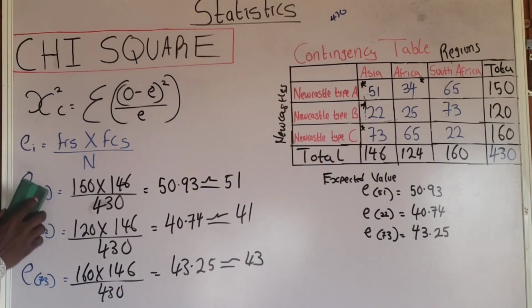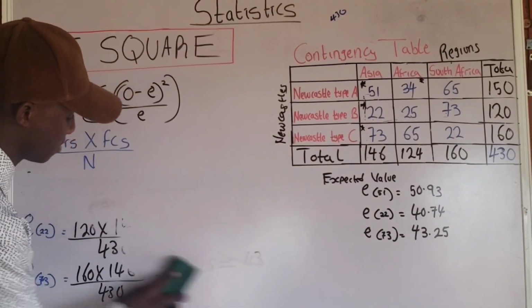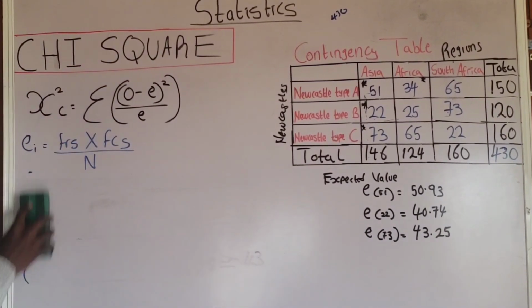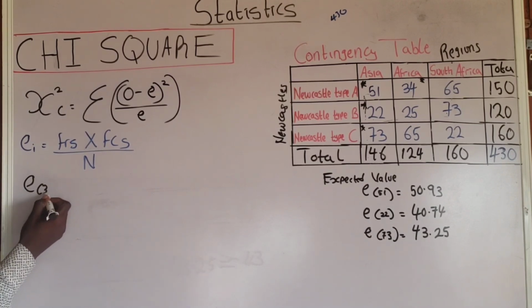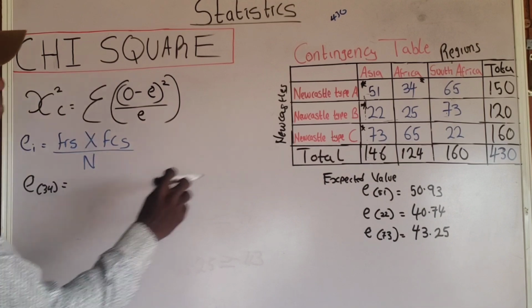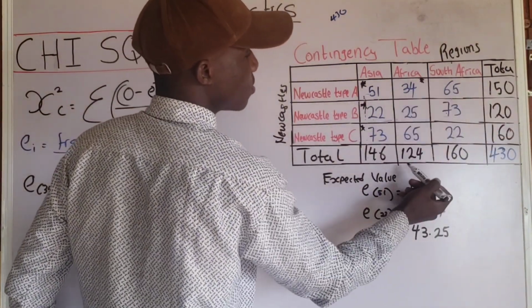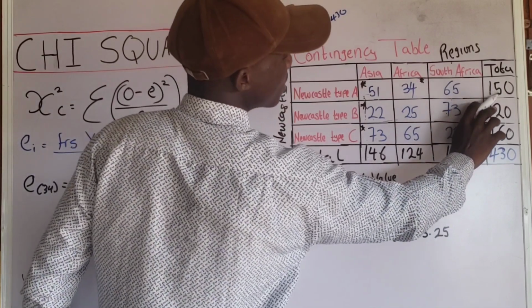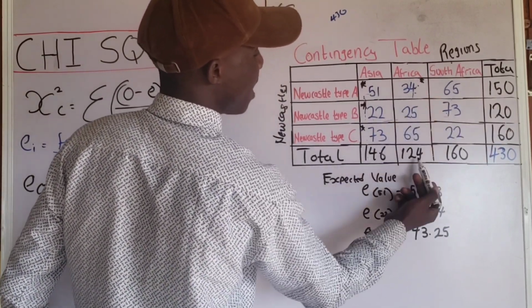To 34. So I'm going to erase this now. Now let's get the expected value of 34. We are going to trace 34 to the row total and trace it to the column total, then multiply it. The row total for 34 is 150. For the column, we have 124.